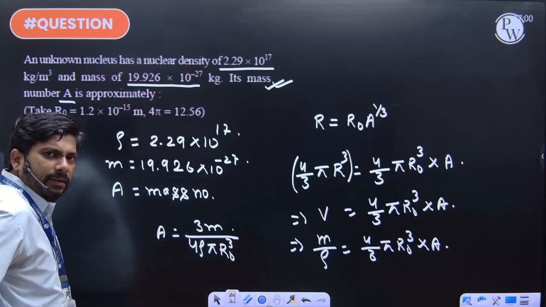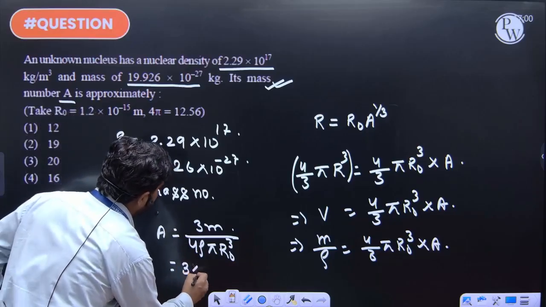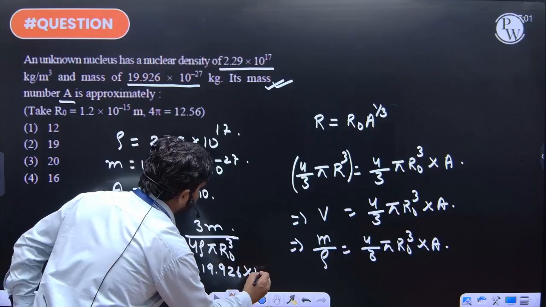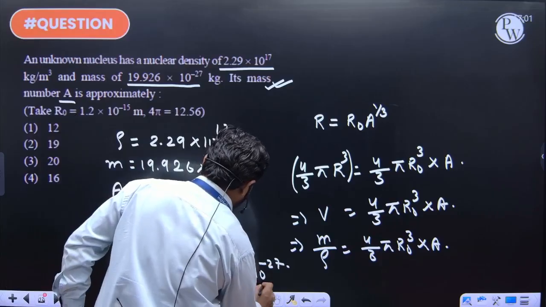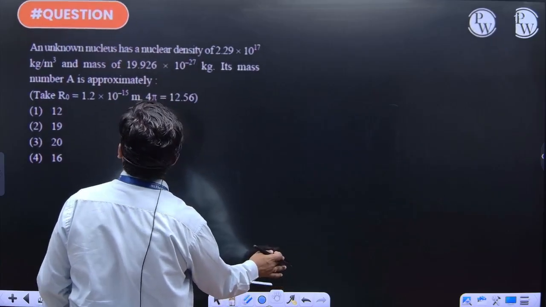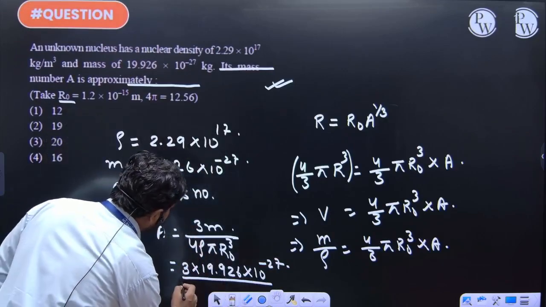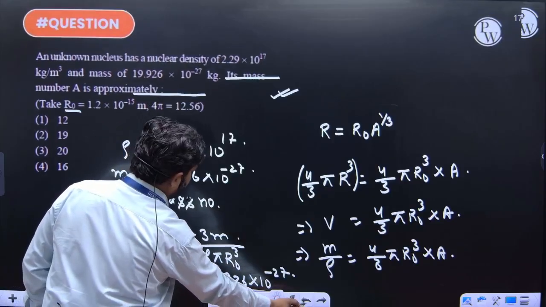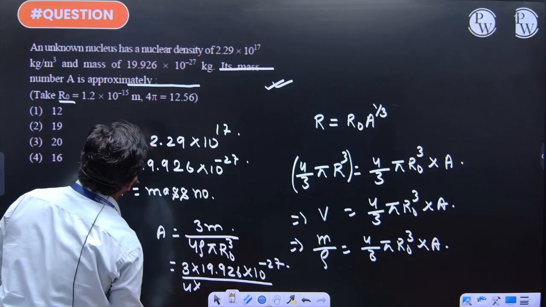Are we getting this? After that, just substitute all the values. So 3 into mass 19.926 into 10 power minus 27, divided by 4 into, what is the value of density here?